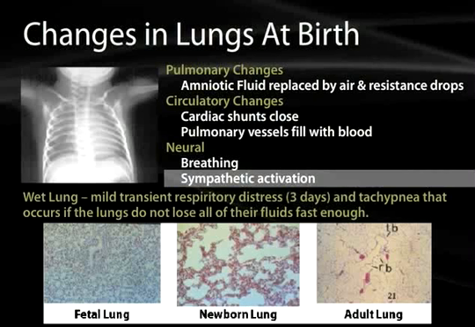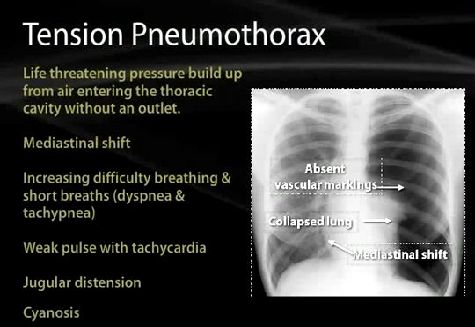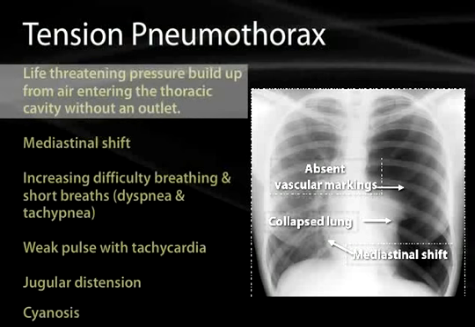So what can we see in this film? You can see that there seems to be an air density on the left side of this patient. This is a potential for a mediastinal shift to be occurring here. That shift means that the mediastinal structures are going to be pushed over on the inflated lung away from the uninflated lung, and that's going to cause pressure against the only structure that's allowing them to breathe at this point.